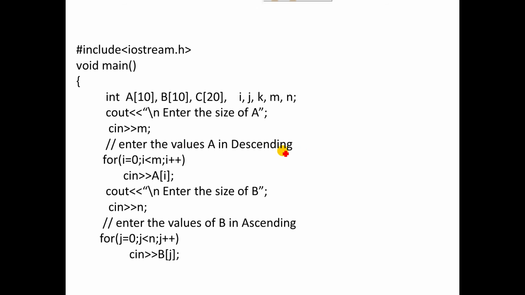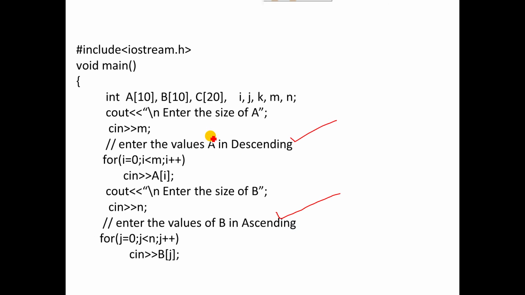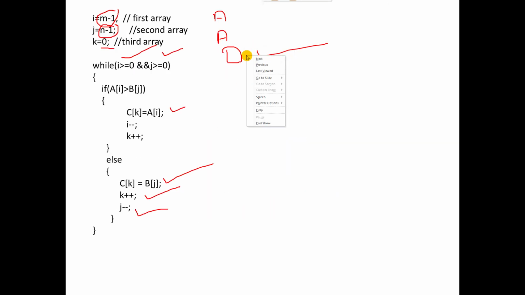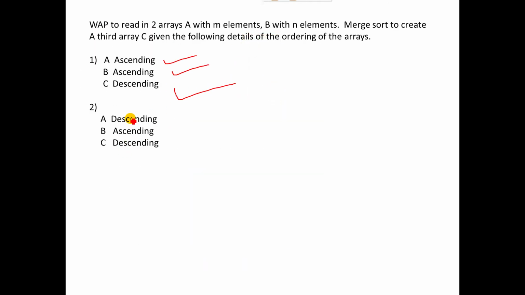This is another variation where you have the first array in descending order, the second array in ascending order, and the third array, let us see what has been told about the third array. This is the condition: first array in descending, second in ascending, third should be in descending, DAD.